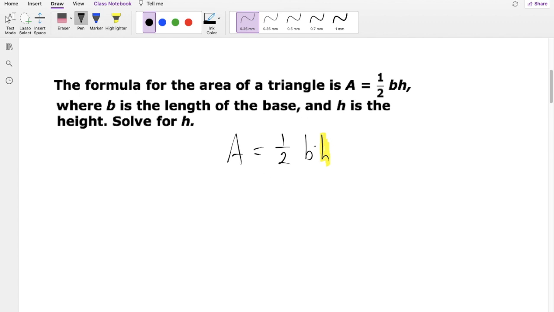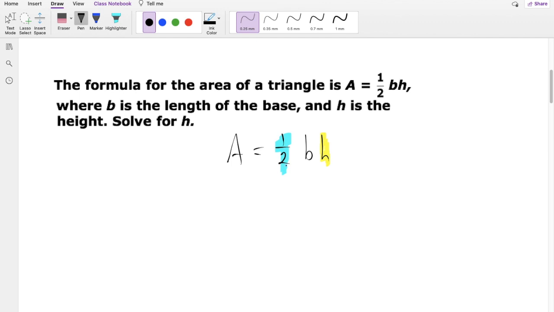We have something being multiplied here, so we can get rid of this piece by doing some division. I'm going to take it one step at a time first. I'm going to start by getting rid of this 1/2. This 1/2 is being multiplied to b and h.